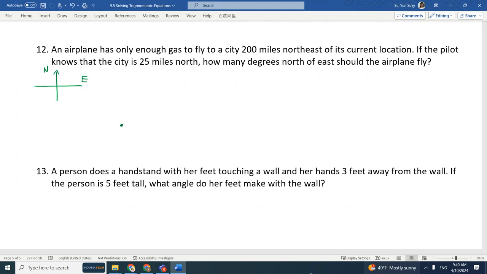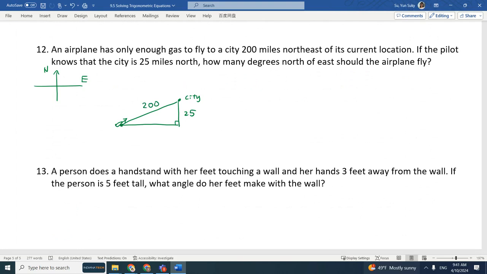Okay, so this is the airplane. It wants to fly in that direction. And this is the city. It's 25 miles north of the plane. And from the plane to the city is 200 miles.